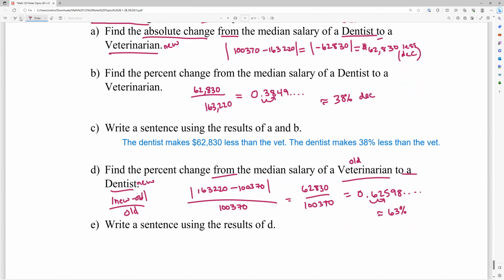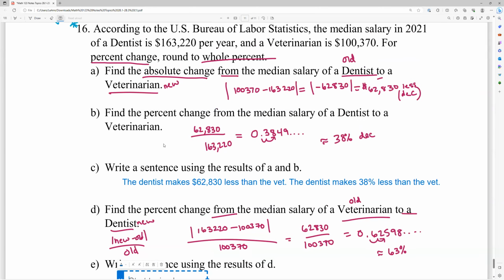So we can write a sentence again. So I'm actually going to write, even though I didn't do much with the absolute change, I'll write about it again. I don't know if I said that right on the first one. Let me make sure I wrote that right.